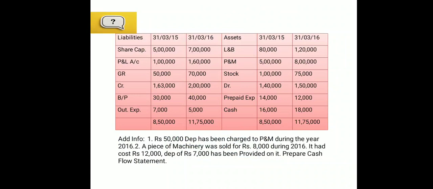Then whatever transactions are affecting your cash balance related to fixed assets or long-term assets, or related to investments in other companies, either increasing or decreasing, will come under the heading of cash flow from investing activities. Clear? For example, purchase or sale of plant and machinery, or receiving a dividend. These are all part of cash flow from investing activities.